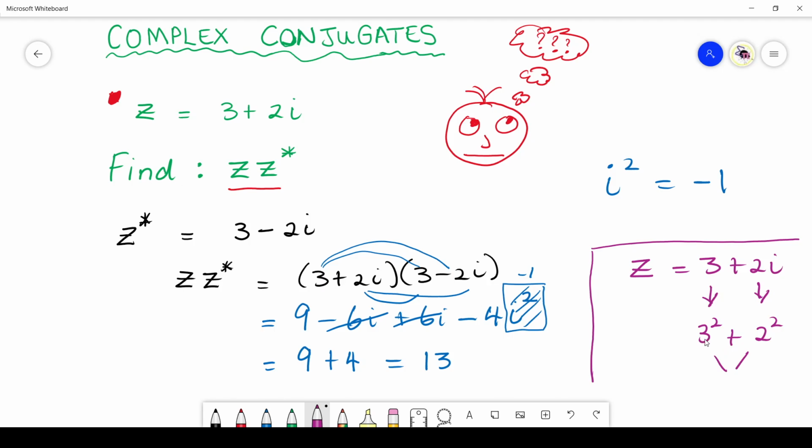You're going to get 3 squared is 9, 2 squared is 4, 9 plus 4 gives us 13. Oh, I know. Now, that could be a coincidence, or it could actually be a rule. Let's try another example and see what happens.